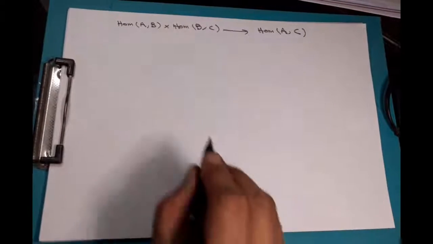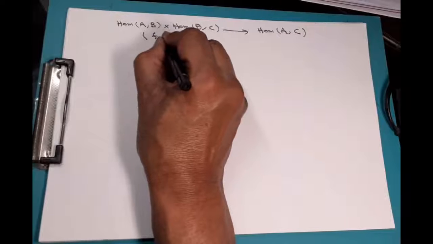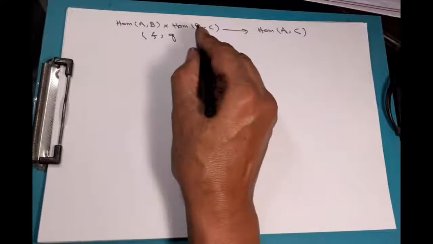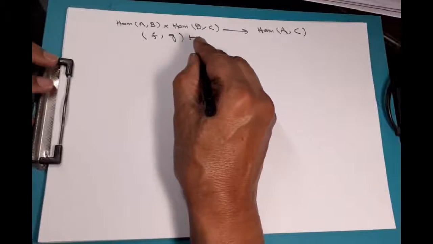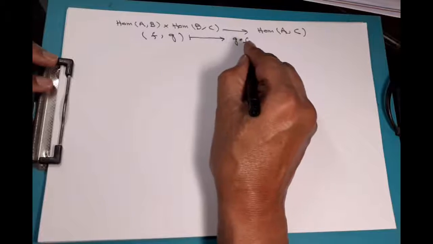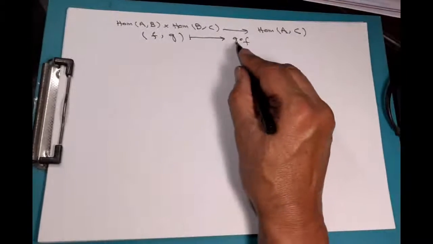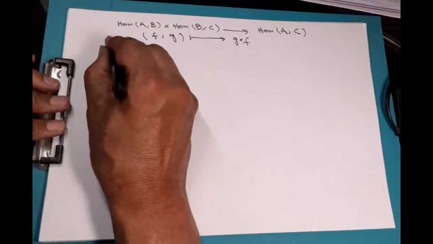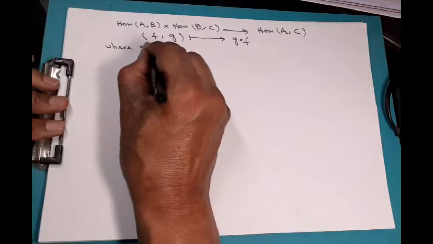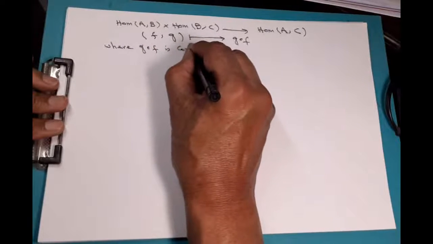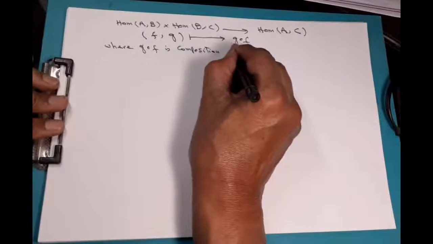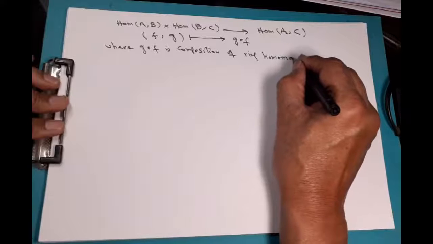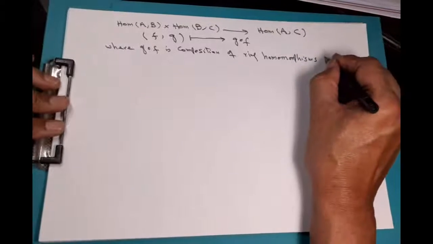And as in previous cases, this function is defined as: if f is a ring homomorphism from ring A to ring B and g is a ring homomorphism from ring B to ring C, this ordered pair will go to g circle f, which is the composition of these two ring homomorphisms, and you can see that g circle f is a ring homomorphism from ring A to ring C. So g circle f is the composition of ring homomorphisms f and g.